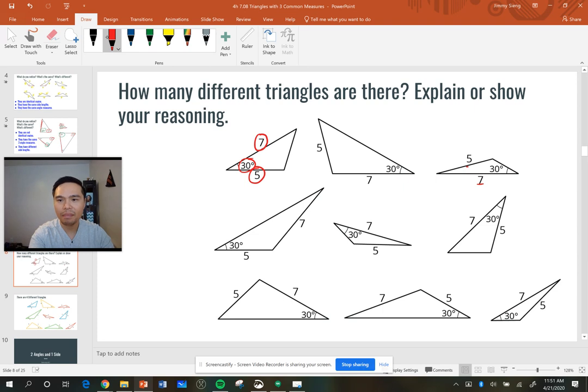Okay, this one, maybe, but not quite, right? The 30 should be here. But look over here. This one has 7 and 5, and 30 degrees in between, okay? So just because they're moved around, right, we can see those two triangles I picked are actually the same as each other, okay? So that's one pair of triangles that are the same. Go ahead and pause, see if you can find another one.